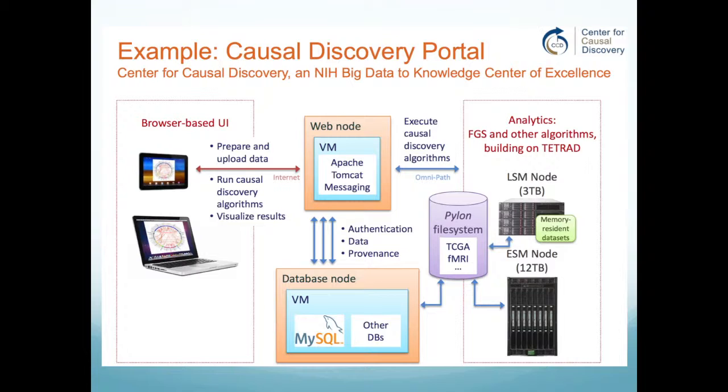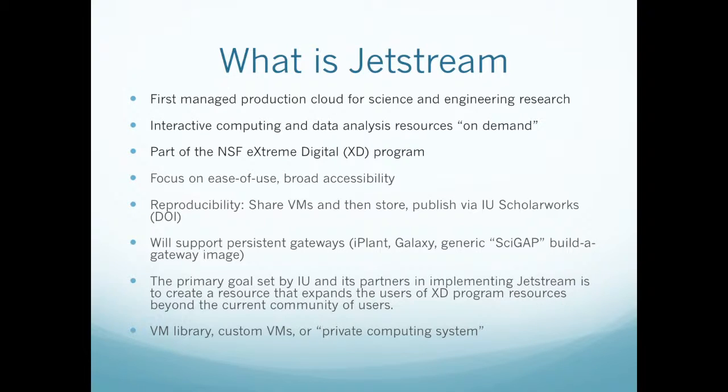So this is about Bridges. The second one is about Jetstream. Jetstream is a similar thing to what Bridges has, in that it's for non-traditional users. It's still part of the NSF Extreme Digital Program. But in a sense, it really emulates the Amazon AWS service.